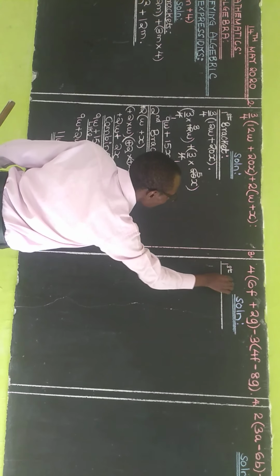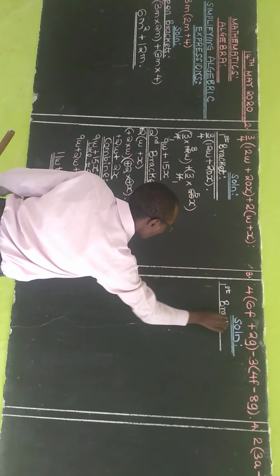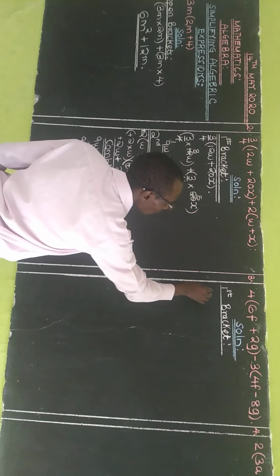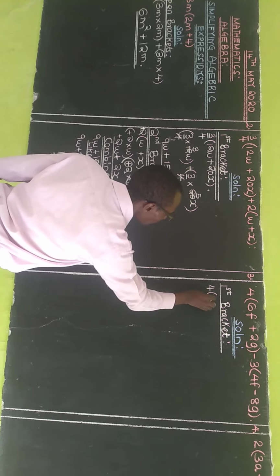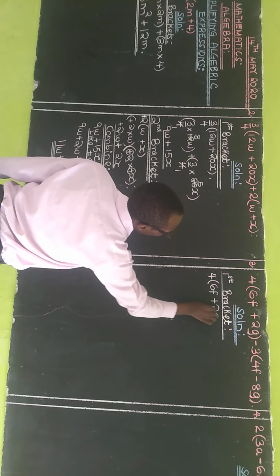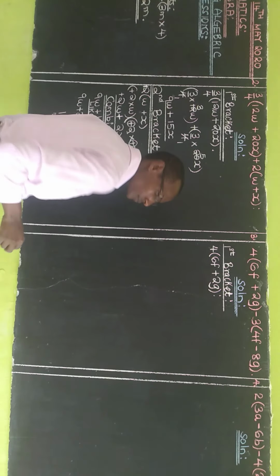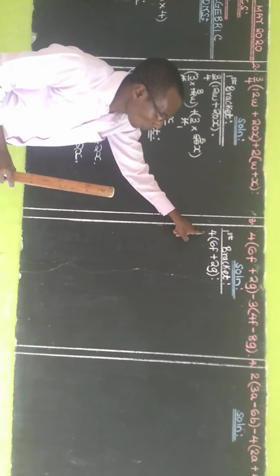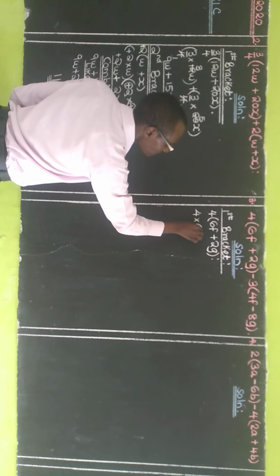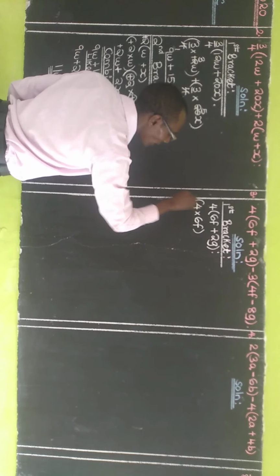So the first bracket. In the first bracket we have 4 into 6f plus 2g. Now opening this one, we will have to pick 4 multiplied by 6f, that is the first one.